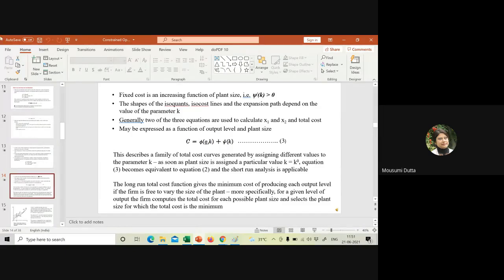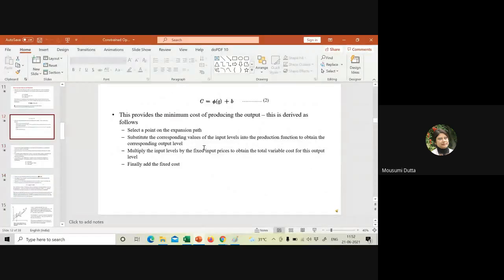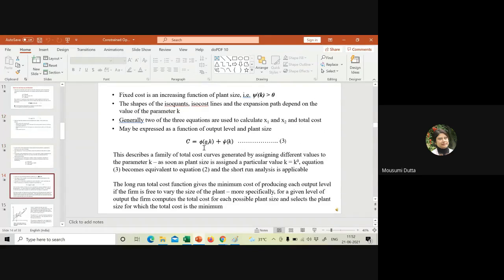So finally, what we are saying is that the cost equation can be presented in terms of Q and K. First I mentioned it is a function of Q, and now along with Q we are bringing another factor K. So it may be expressed as a function of output level and plant size, C = C(Q, K) plus psi(K).